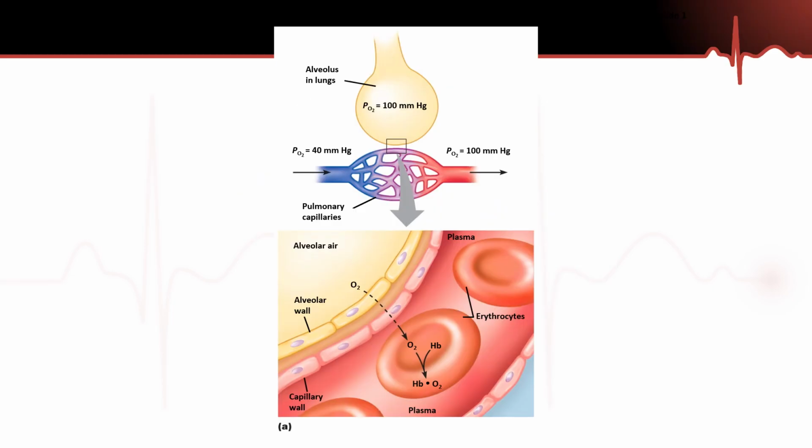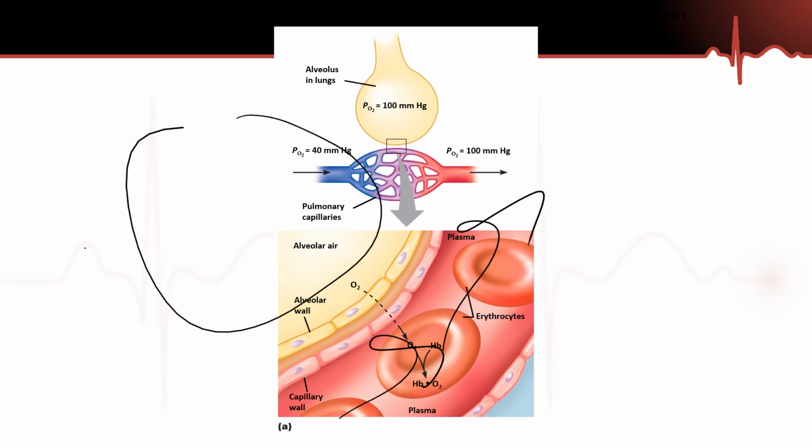So now I hope when you look at an image like this, which is showing how blood gets oxygenated at the lungs as it travels through a pulmonary capillary and goes past an alveolus, you can see how that blood became the way that it is, right?